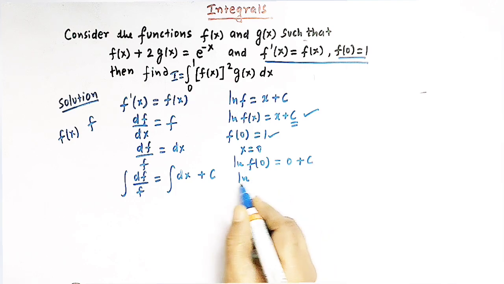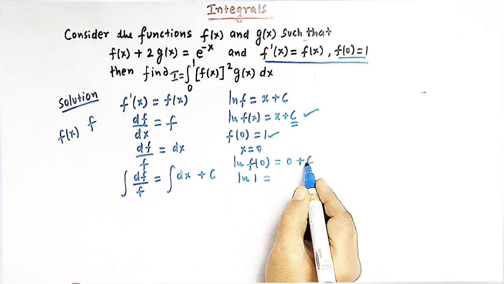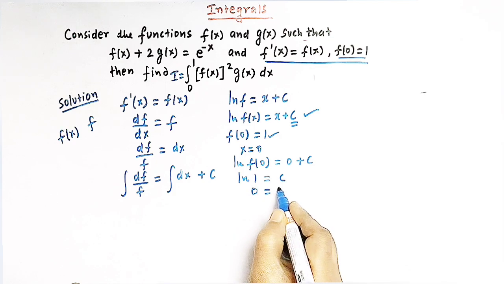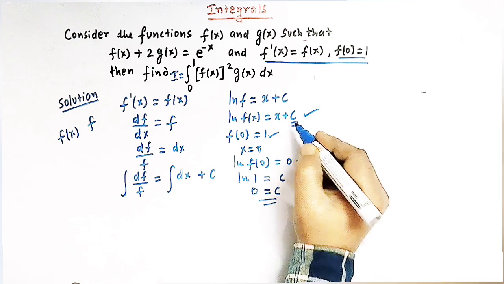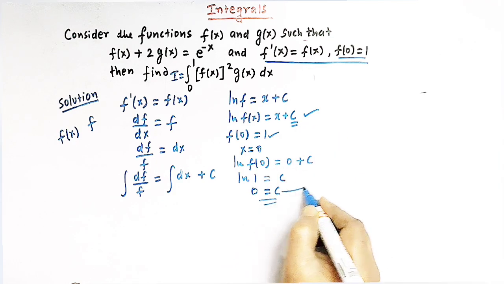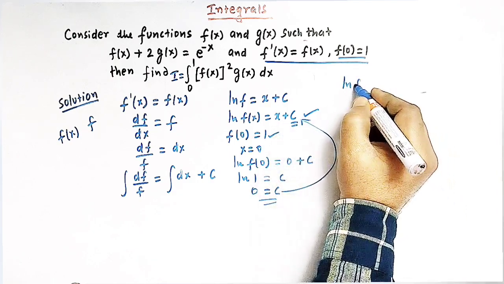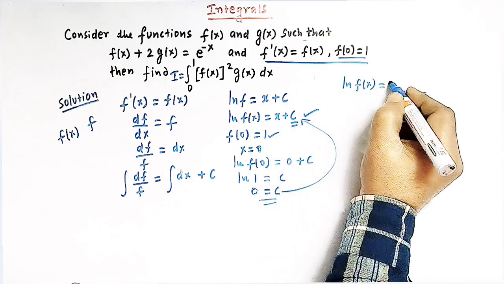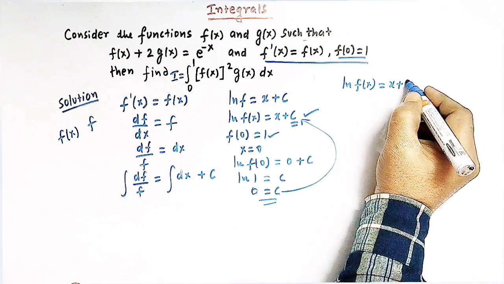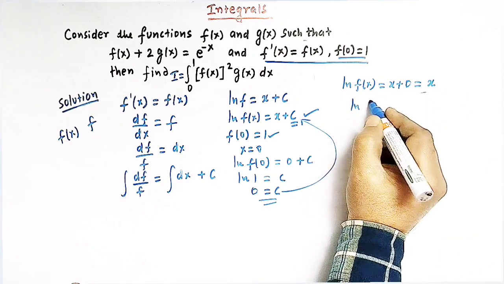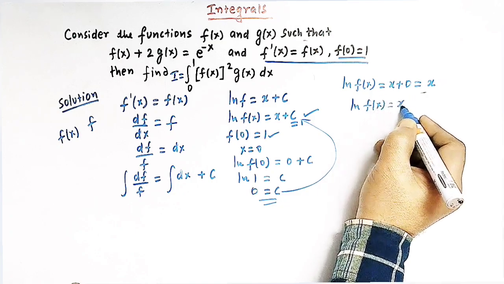So we have log of 1 is equal to c, and log of 1 is 0. So the value of c is equal to 0. So let us substitute this value in this equation. So we have natural log of f of x is equal to x plus 0, that is simply x, right? So now we have natural log of f of x is equal to x.